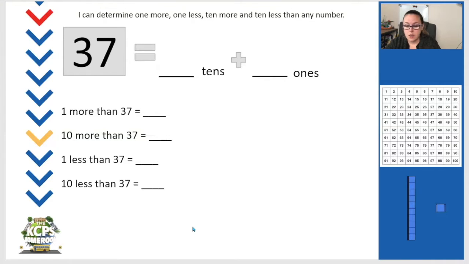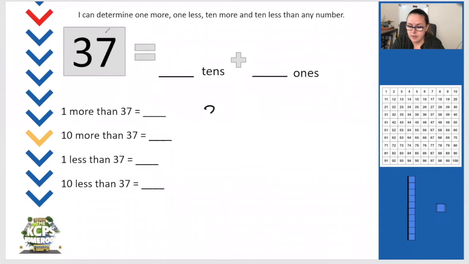Okay? So as we're determining more and less than a number, the first thing I'd like us to do on this problem is model 37 using base 10 blocks. Do you remember how to do that? Here's a quick review. As we look at the number, we think 30 and 7. So I'm just going to write that down.